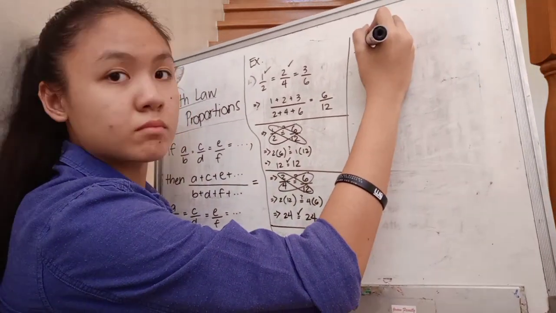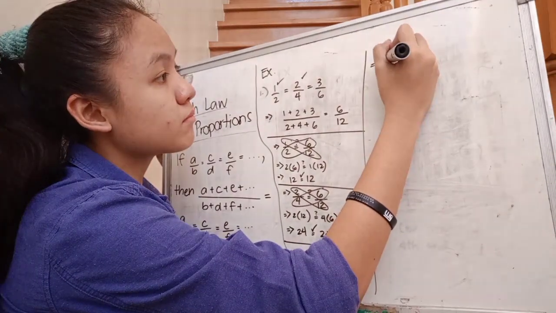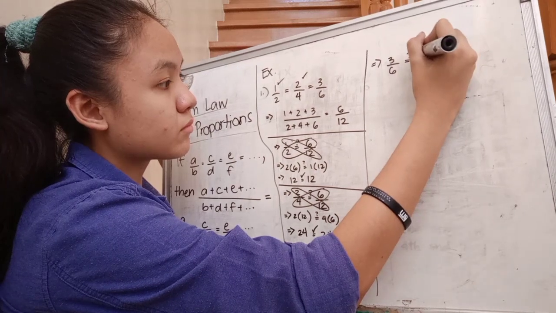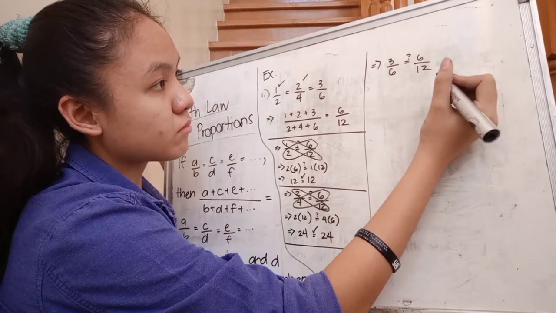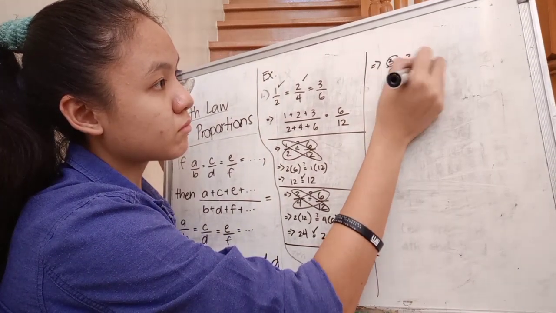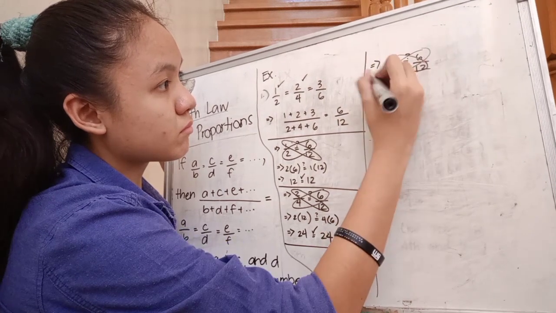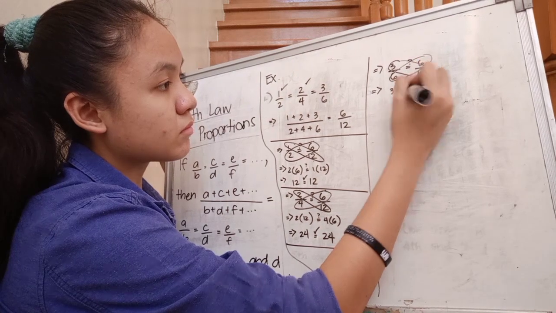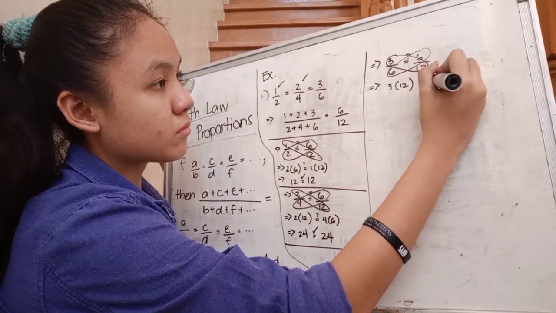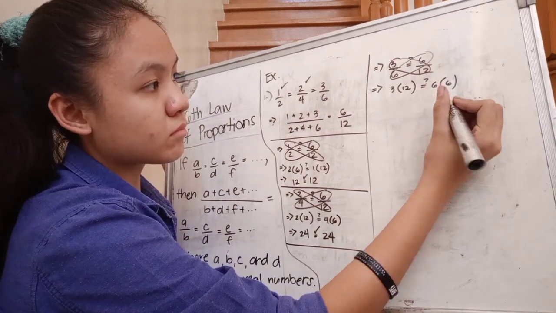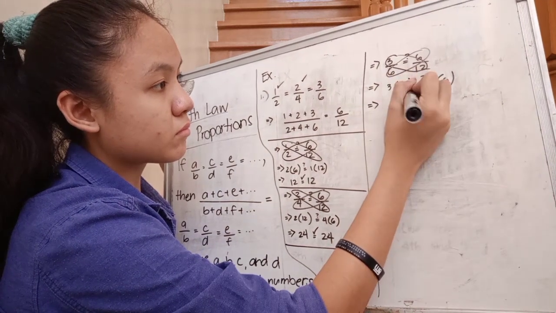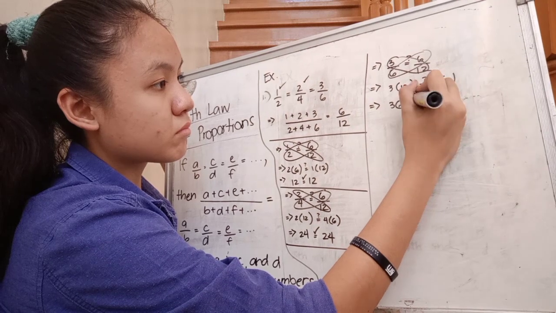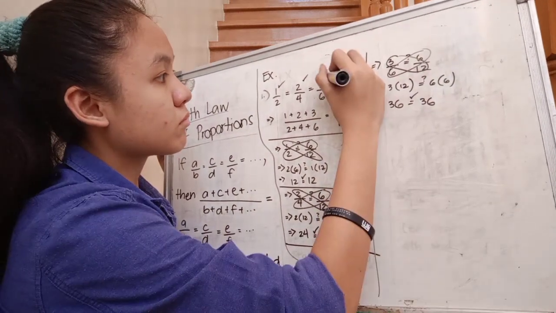Lastly, 3/6 is equal to 6/12. Again, using the first law, cross multiply 3 and 12, 6 and 6. 3 multiplied to 12 is equal to 6 multiplied to 6. 3 times 12 is 36, equal to 6 times 6, which is also 36.